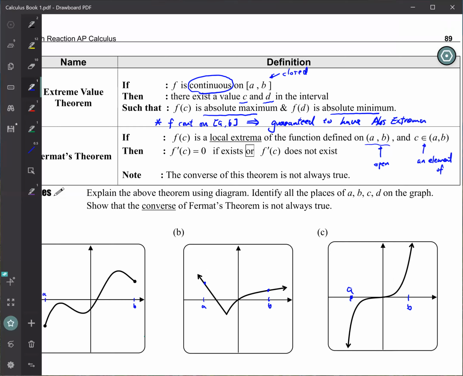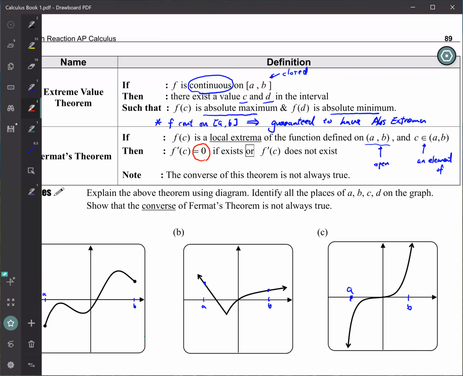If that's the case, if you know it's local, then f prime there has to be 0. So that's the first condition, but only if the derivative exists. Okay, does anybody remember in which places the derivative does not exist? Derivative means differentiable, right?